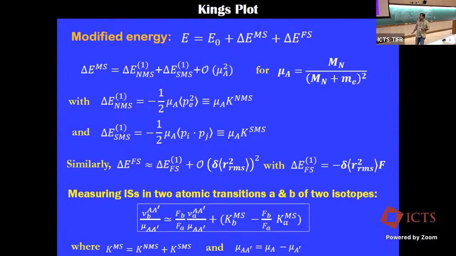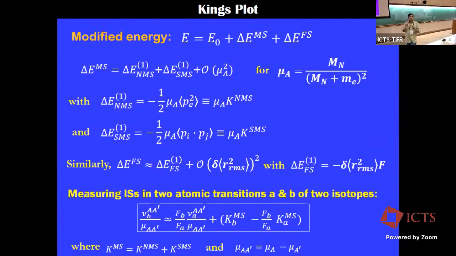If your transitions involve S or P states, then you will get very significant contributions from this effect. Otherwise, if your states are D or F states, then these other interactions will dominate. So it depends on the transition, and also on what kind of isotopes you are considering.